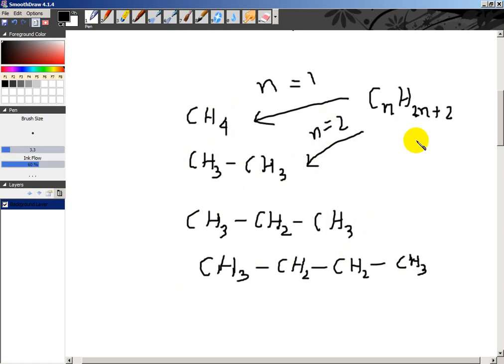A homologous series is a group of compounds which contain similar molecular formula, have similar chemical properties, and there is a difference of a methylene group between two adjacent compounds. Look, this compound is CH3CH3, and this compound differs from it by this methylene group.